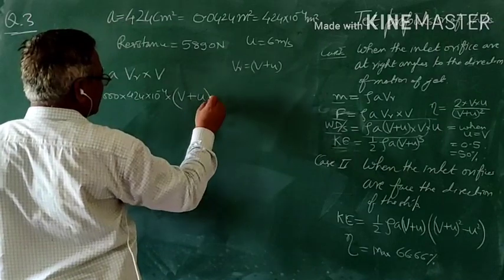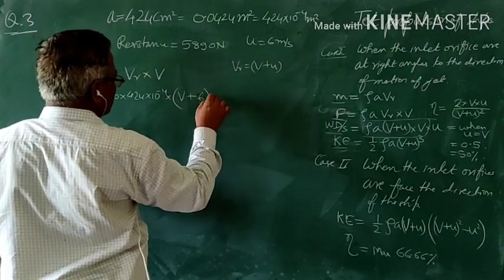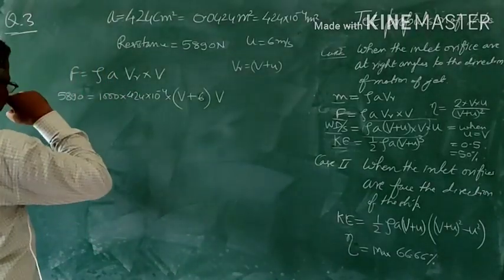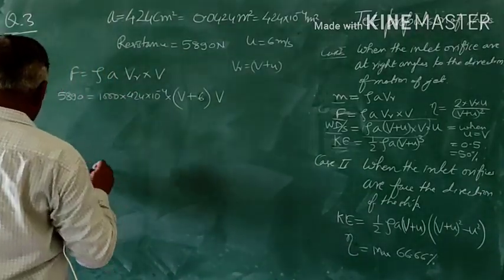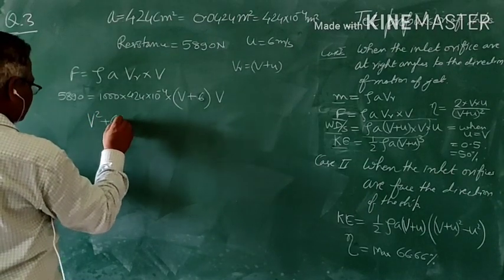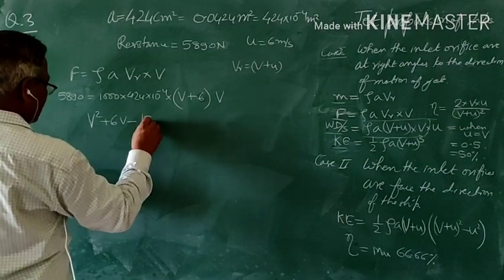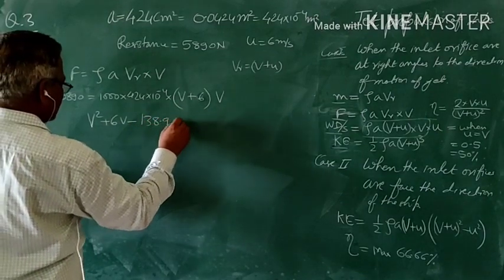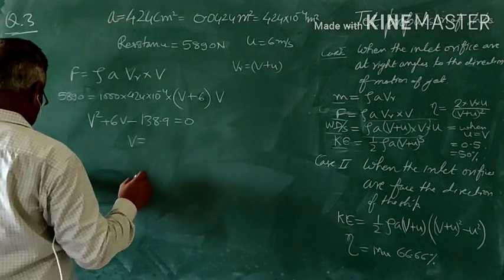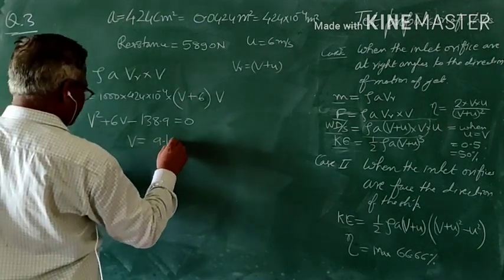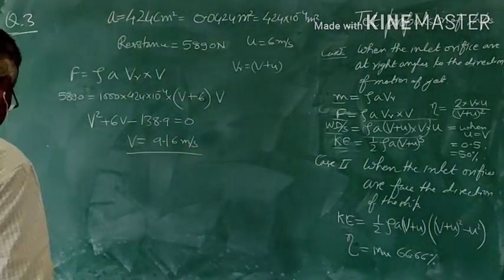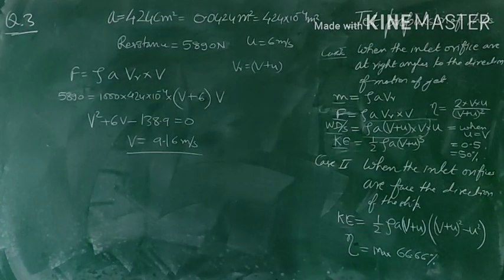So 6 multiplied by V. From this we can calculate the value of V: if we solve this, V square plus 6V minus 138.9 equals 0. So V will be equal to 9.16 meter per second. So the absolute velocity of the jet is 9.16 meter per second.